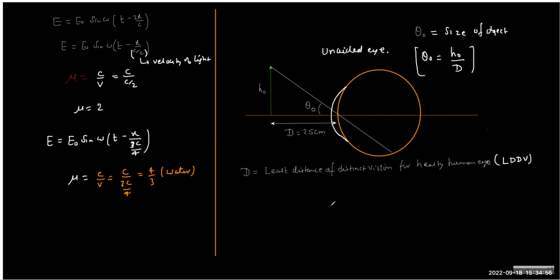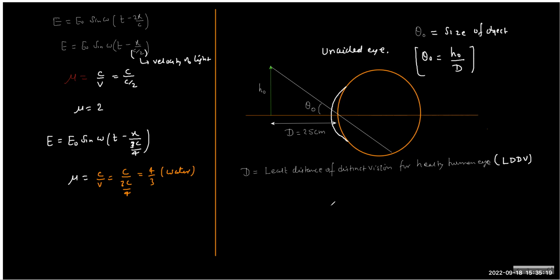They help in achieving a bigger theta without compromising the goal that the object is not closer than D. I mean, they are away from D for sure, but at the same time they are still able to create bigger theta, because the human eye can see clearly only when the object is at D or more. If it is less than D, we cannot see.